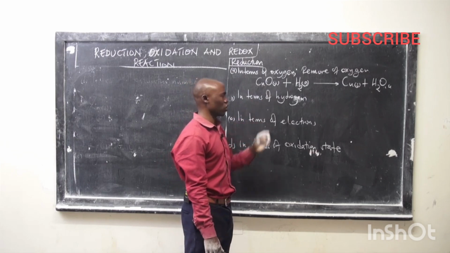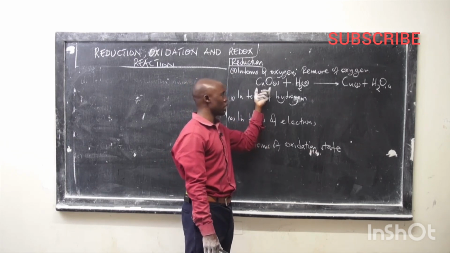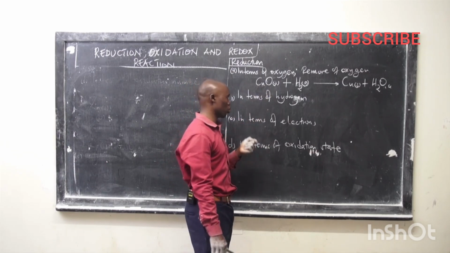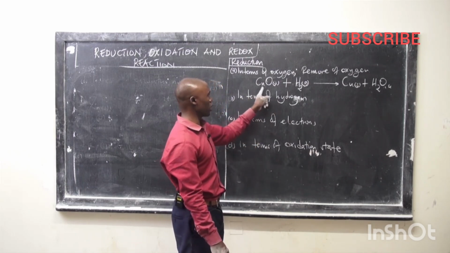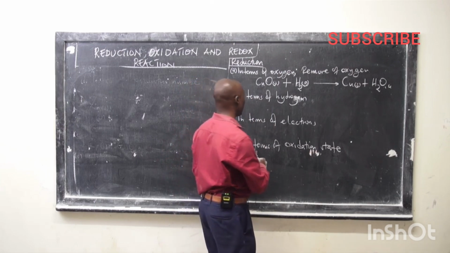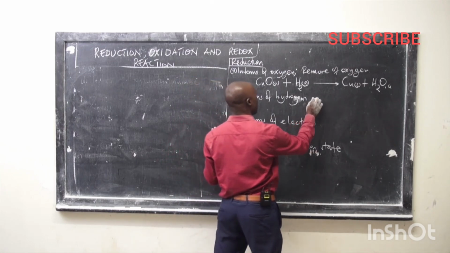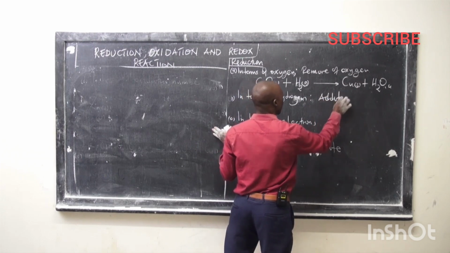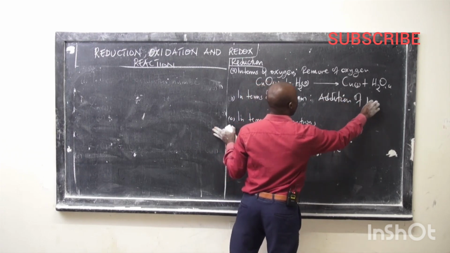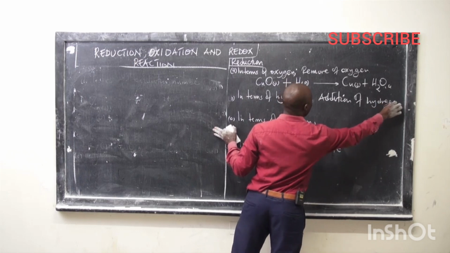So that's how you define it in terms of oxygen. There are many other reactions which show that a substance has lost oxygen. So let's define it in terms of hydrogen. We can use the same reaction up here to understand that. In terms of hydrogen, reduction is the addition of hydrogen to a substance.